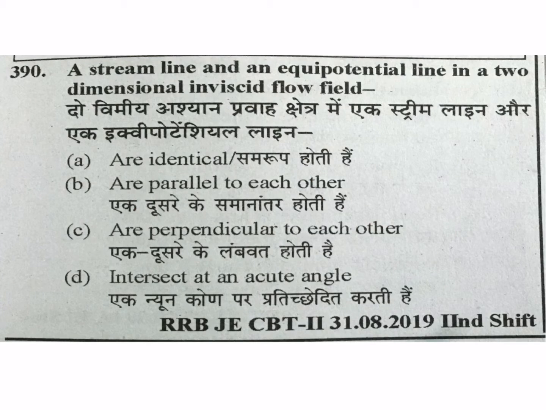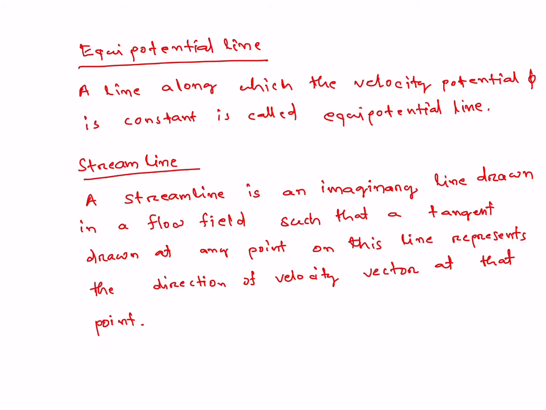A streamline and an equipotential line in a two-dimensional inviscid flow field. So streamline and equipotential line relation in 2D inviscid flow. Equipotential line definition: a line along which the velocity potential phi is constant is called equipotential line.